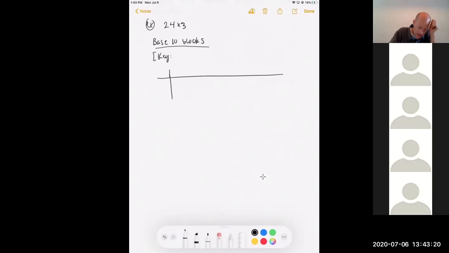And we're going to use them as their face value, like normal, since we're doing whole numbers. So this cube is the same as 1,000. The flat is the same as 100. The rod is the same as 10. And the point dot is the same as 1, the little cube. Okay. So those are our base 10 blocks.